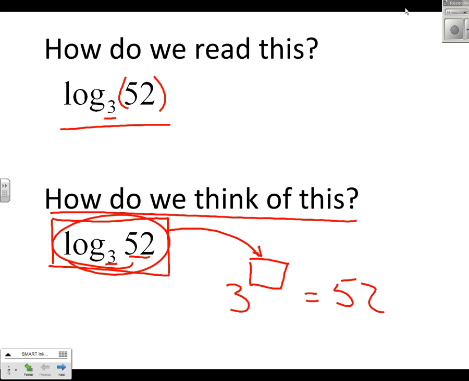So I really want to encourage you, every time you see a logarithm, to think of it, if not read it out loud, in that manner: this is the exponent that turns 3 into 52. That's going to help us have a little more understanding of the logarithmic rules as we move forward in this chapter.